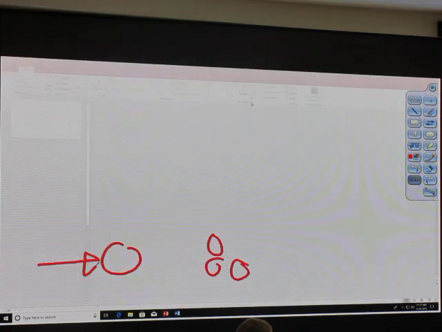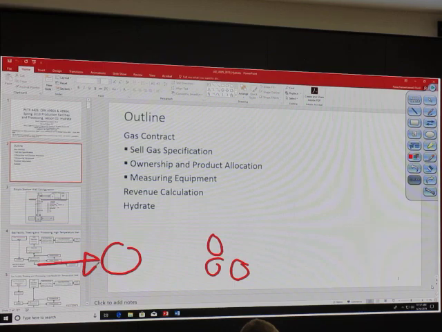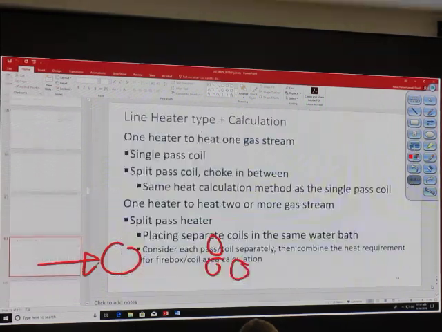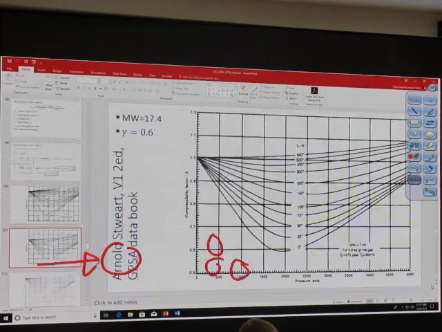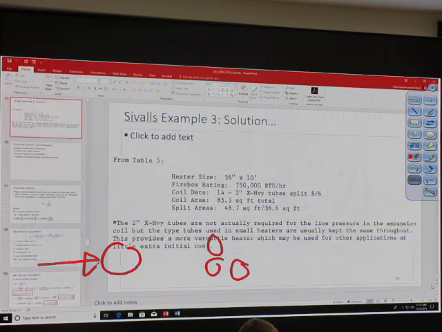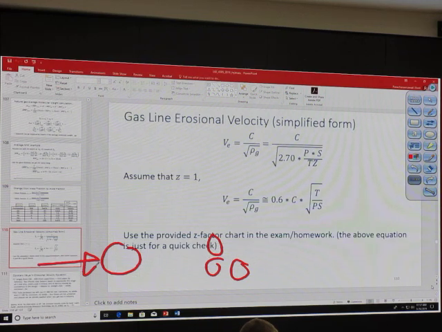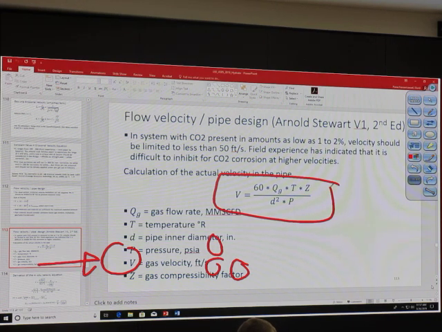Let's go back to the hydrate lecture a little bit. You may notice that one of the exams we have this time doesn't have anything to do with velocity inside the pipe yet. Velocity inside the pipe has an equation, and that equation is right over here: 60 multiplied by QG, T, Z, over D squared, P. That gives me velocity, right?